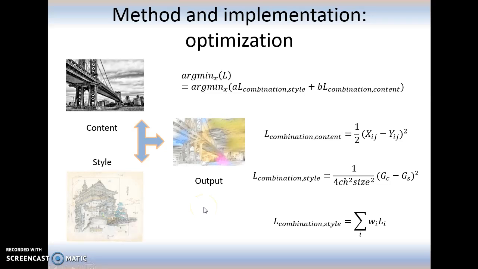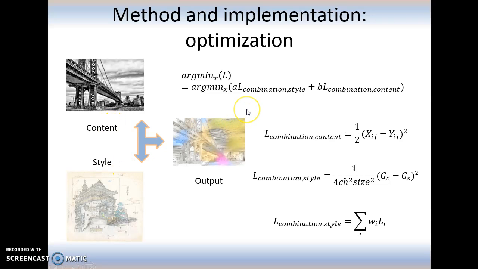So this is basically what we did to obtain our output. Using a content image, a style image, and initially a blank output image, we try to find an image which has the smallest difference from both the content and the style.